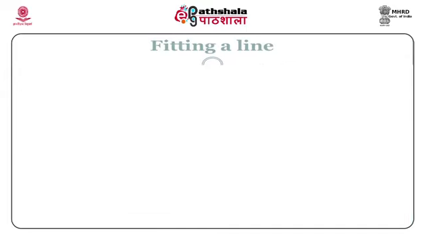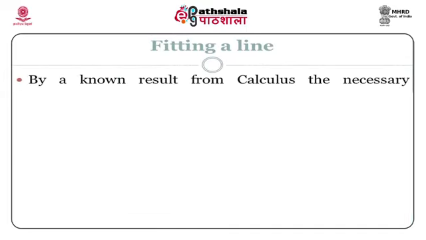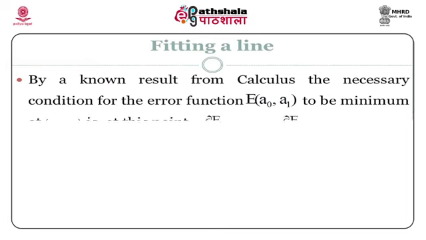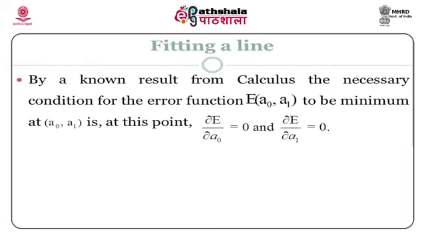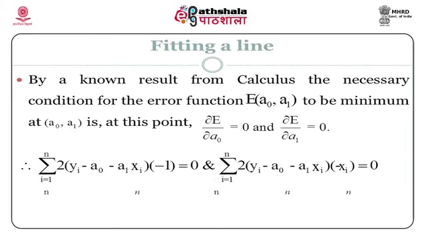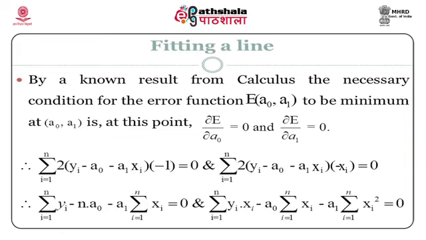By a known result from calculus, the necessary condition for the error function E(a0, a1) to be minimum at a0, a1 is that at this point the partial derivatives with respect to a0 and a1 must be 0. Now if you take the partial derivative with respect to a0, I will get the equation: sum i equal to 1 to n of 2 into (yi minus a0 minus a1 into xi) into minus 1, because the coefficient of a0 is minus 1 here.